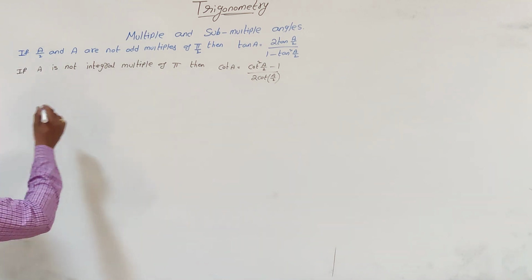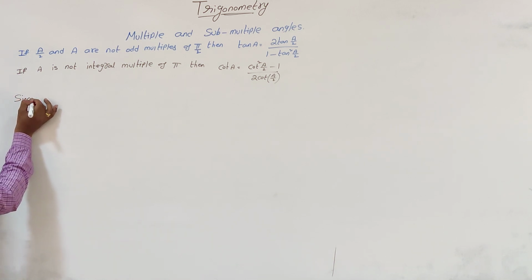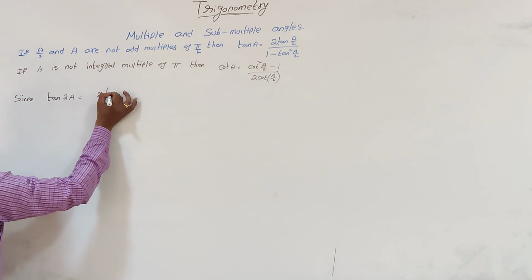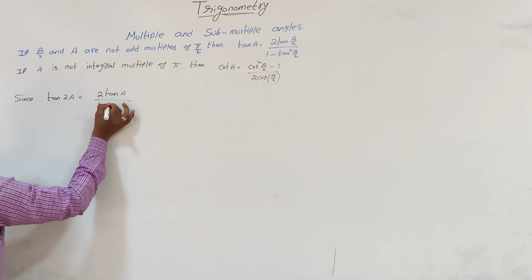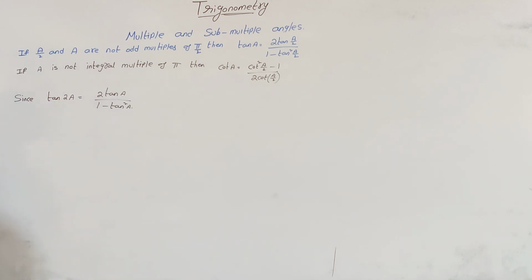As we know, the proof, we know what tan 2A is. Since tan 2A is equal to 2 tan A by (1 minus tan square A). Replace A with its half of the angle.